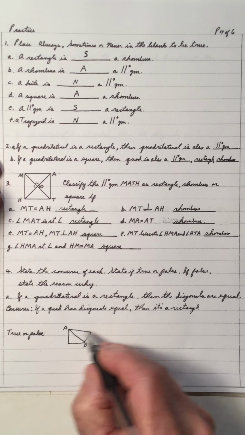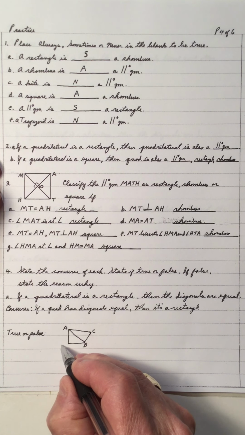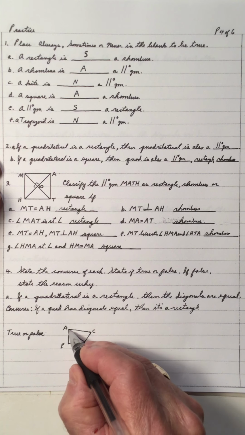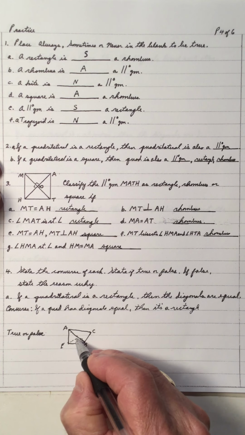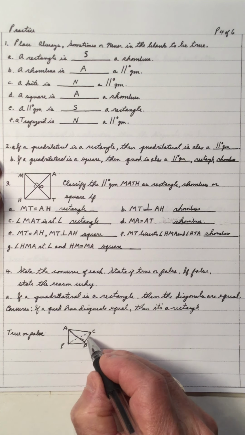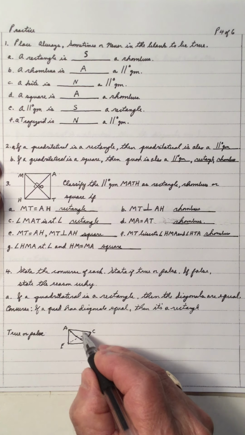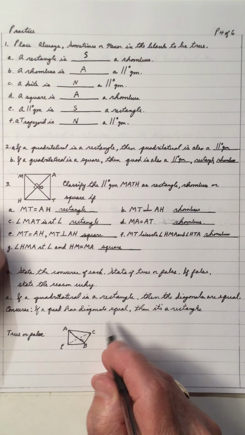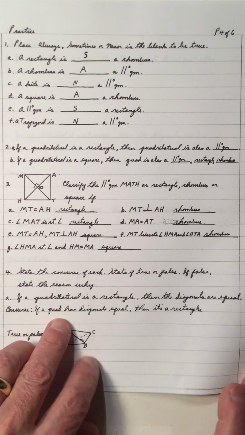So if I go A, C, B, E, these are the diagonals. Then notice that this diagonal is equal to this one, but these two sides are not equal. So it's false. It's not true.